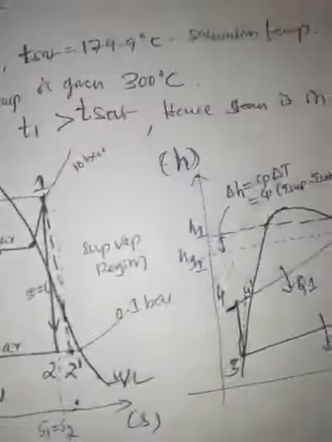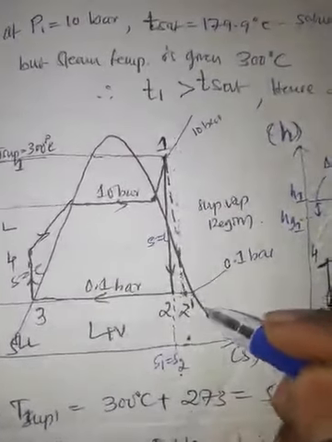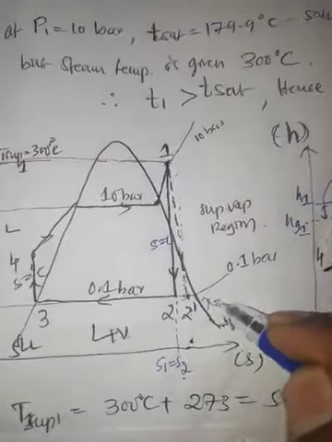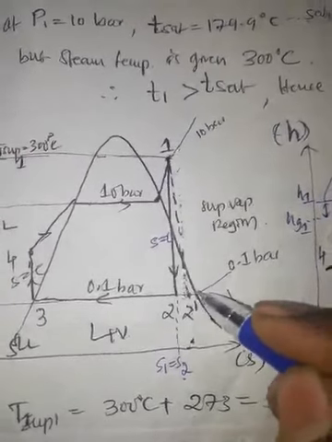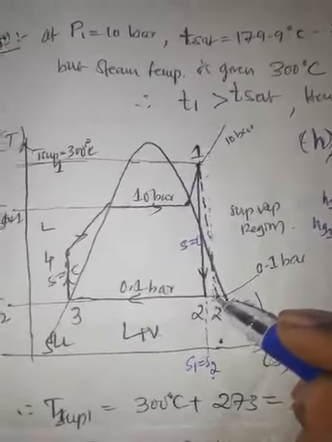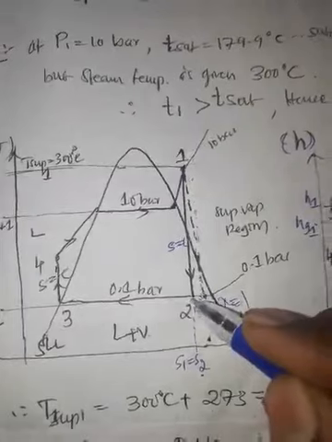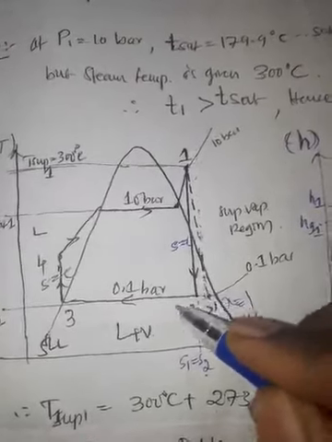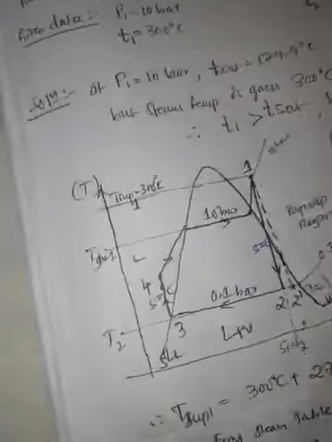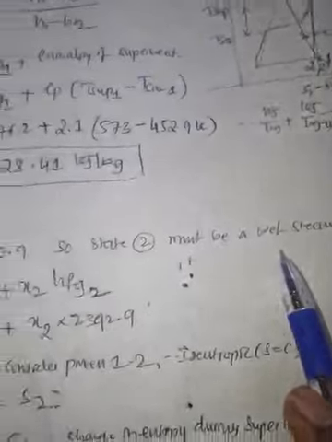See here, 0.9 in the sense, this is x equal to 1 on this line. 0.9 means before this saturated vapor line, so 2 dash, the actual steam itself, is wet. So then 2 is still on the inner side of the wet region. So state 2 must be in the wet region. Therefore state 2 must be wet steam.